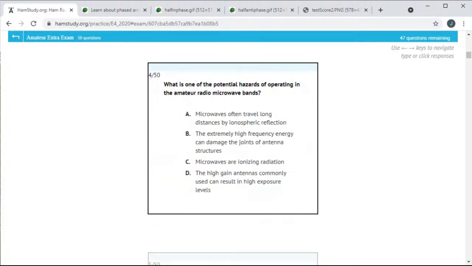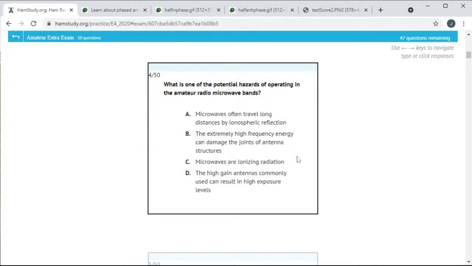What is one of the potential hazards of operating in the amateur radio microwave bands? A, microwaves often travel long distances by ionosphere reflection. Nope, that's HF waves.